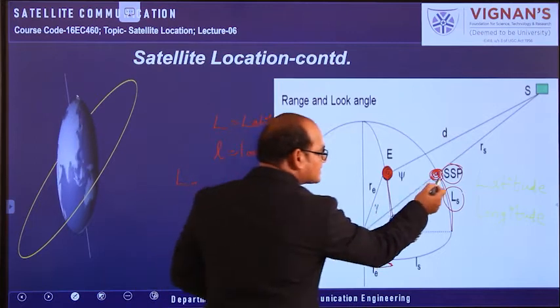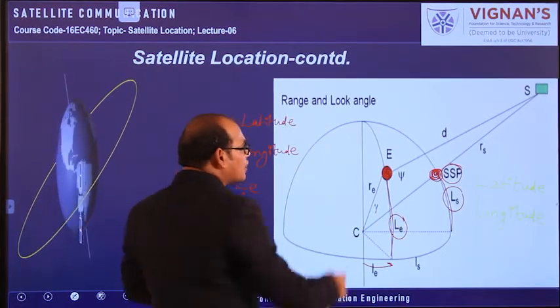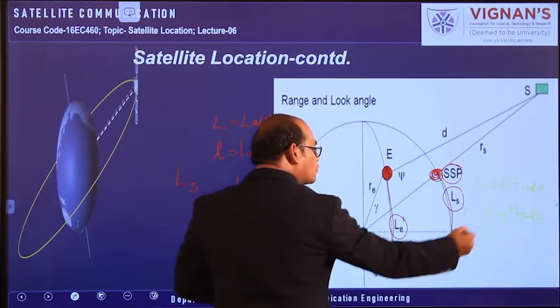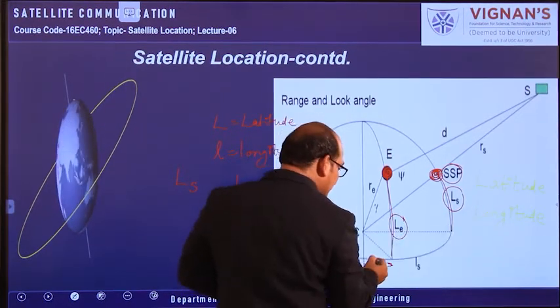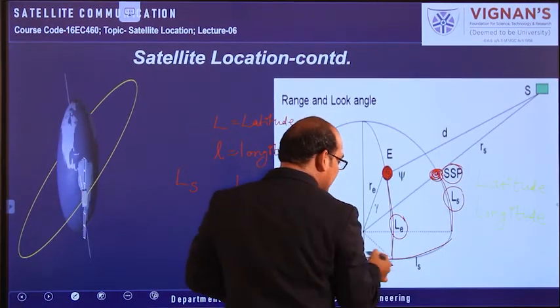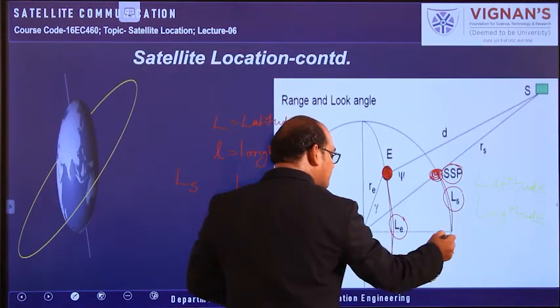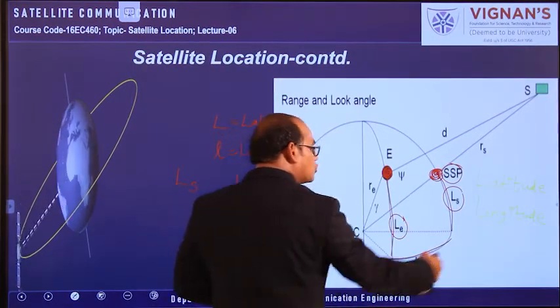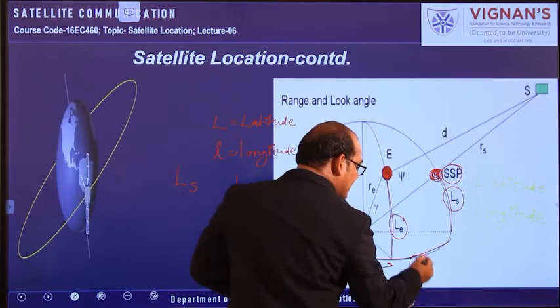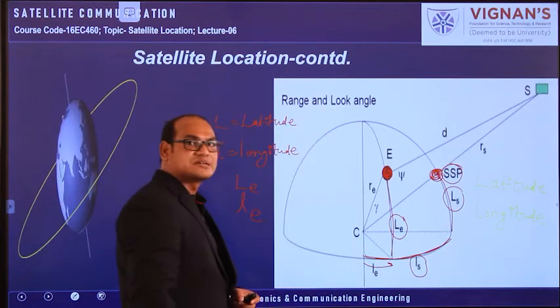Then we have to get this longitude. To get the longitude from the prime meridian, we have to move towards the east side to get this sub-satellite point. So on this meridian, to get this meridian, we have to travel this much amount of distance from the prime meridian towards the east side. By traveling this much amount of distance, we can get the sub-satellite point.